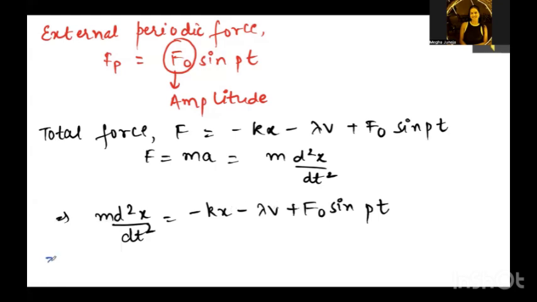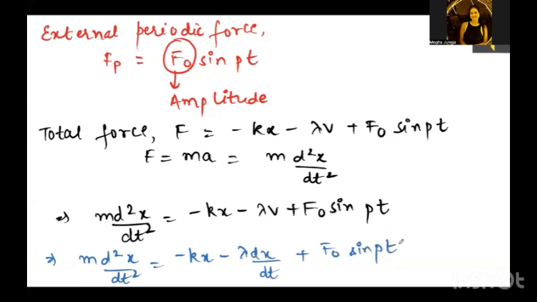So m d square x over dt square is equivalent to minus kx minus lambda dx over dt plus F naught sine pt. If we rearrange this, we can simply write it as m d square x over dt square plus lambda dx over dt plus kx, and this will be equivalent to F naught sine pt. Now after this, can we rewrite it like this?